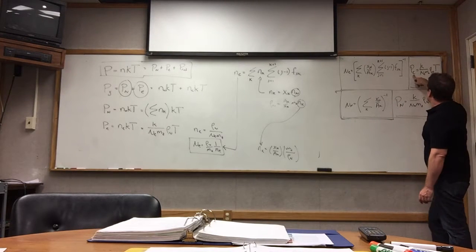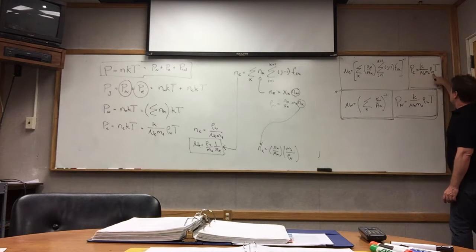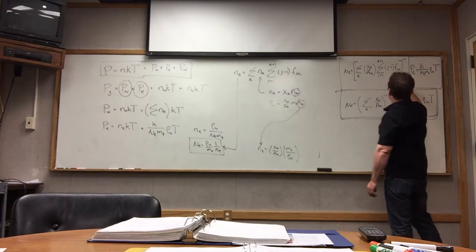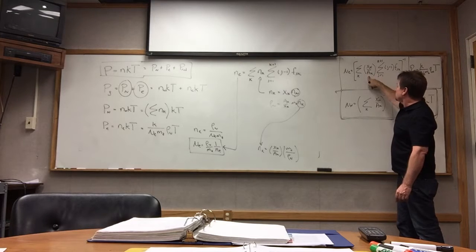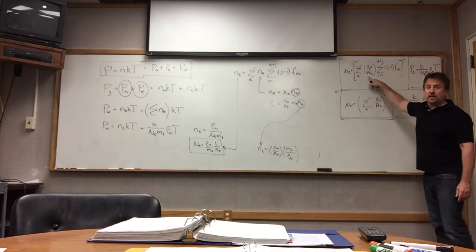And then we can write the electron mean molecular weight to get the electron pressure in terms of the nuclear density again, but it's equal to this summation here. You have to know the ionization conditions, and you have to know the mass fractions.